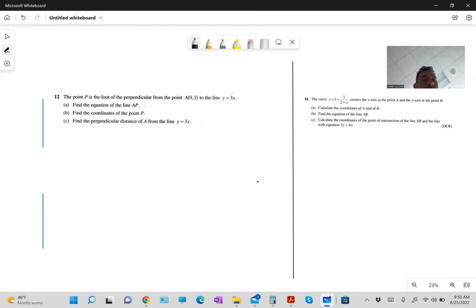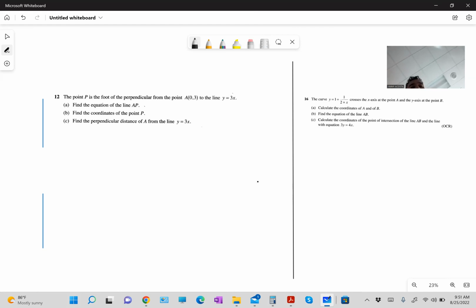Find the equation of the line AP. So the question is, what is a foot?